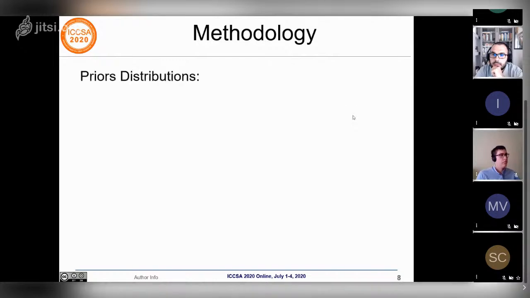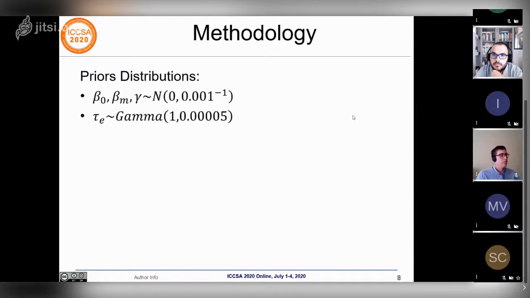Being this modeling under a Bayesian framework, prior distributions have to be chosen. And so for the intercept and the regression coefficients, a normal distribution with mean 0 and precision 0.001 was used, whilst for the precision of the Gaussian distribution of the observations, a gamma with these parameters was used.